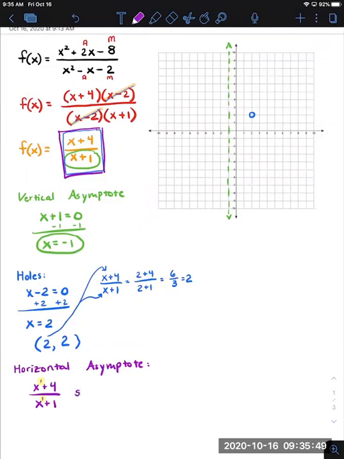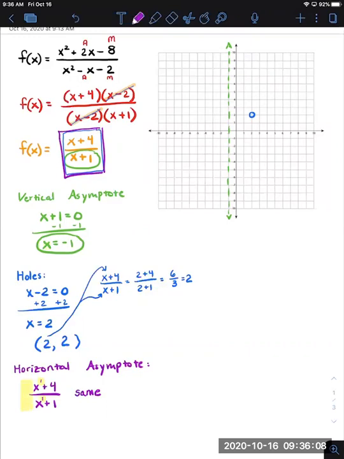So in other words, they have the same highest exponent. The top is the same as the bottom. So we need to make a fraction with the leading coefficients. The leading coefficients are the numbers before the term with the highest exponent.